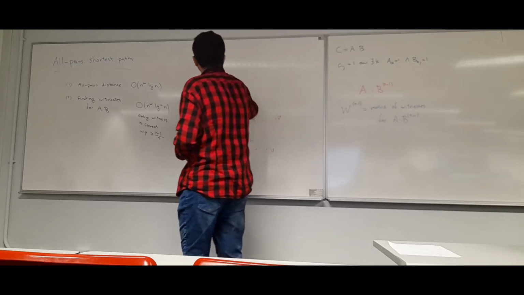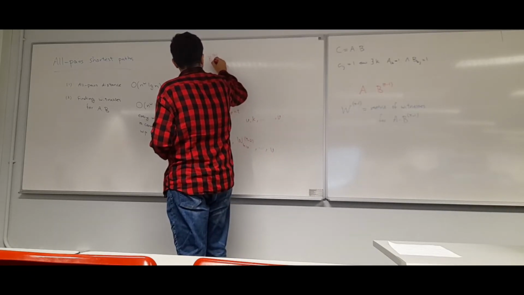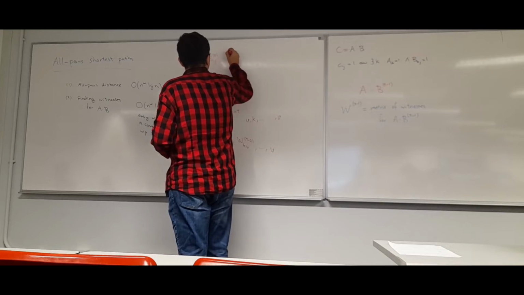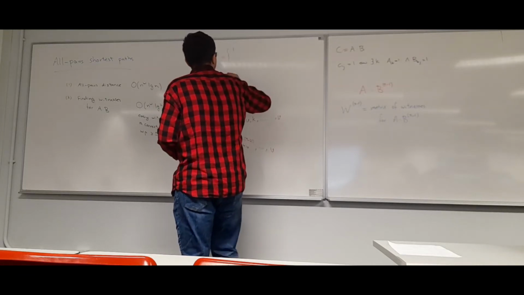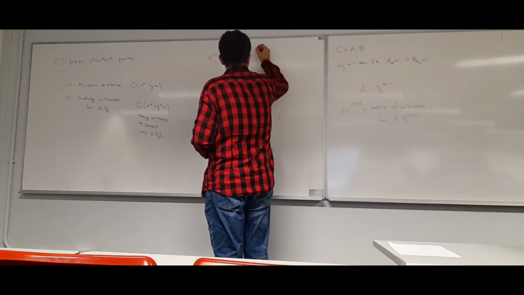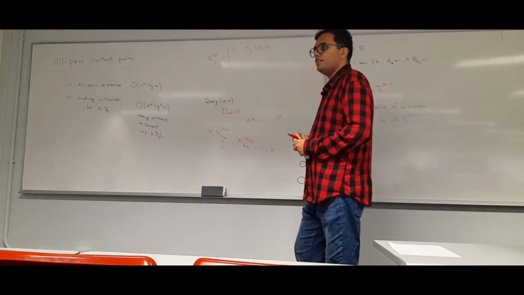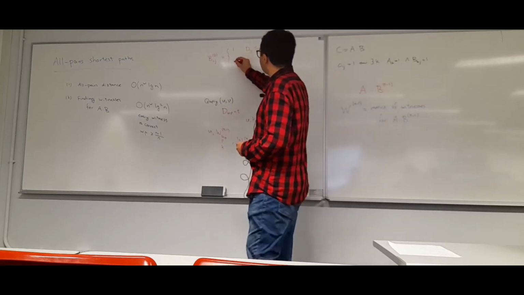B0 of ij is going to be 1 if the distance from vertex i to vertex j is divisible by 3, and 0 otherwise.